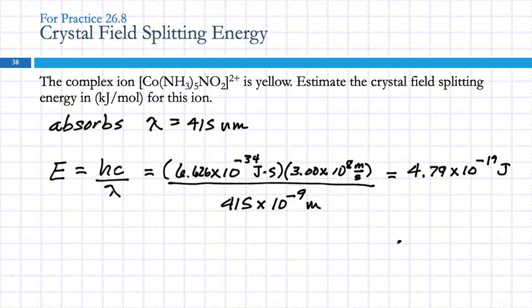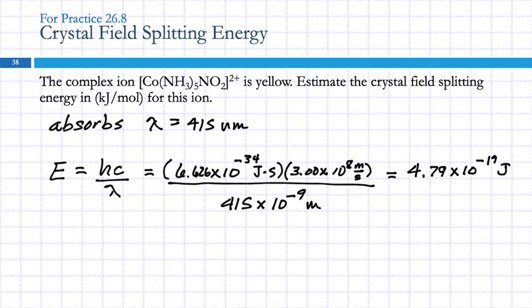Now, if this was a practice quiz or a homework question and you typed that answer in, it's going to be wrong. Because here's my answer in joules. It wants kilojoules per mole.